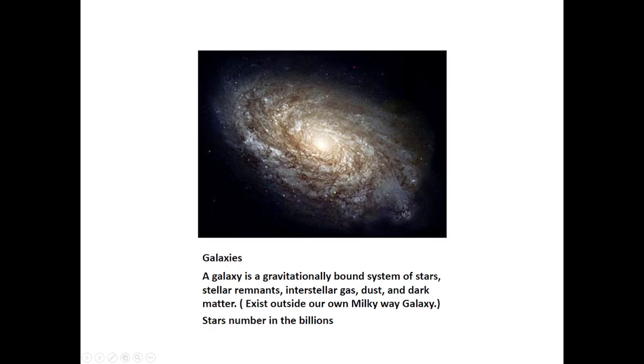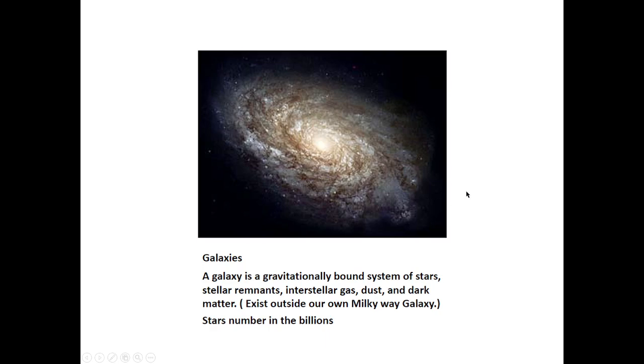The next object, we want to look much further out, and this is outside of our own galaxy, other galaxies. Basically, it's a gravitationally bound system of stars, stellar remnants, interstellar gas, and dark matter. Again, these stars can number in the billions, and these are like our Milky Way.